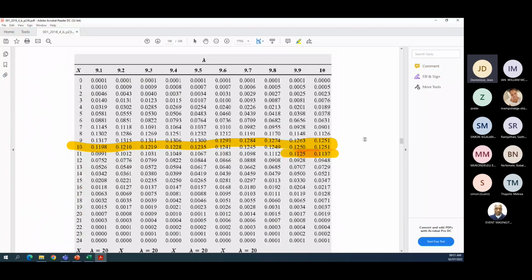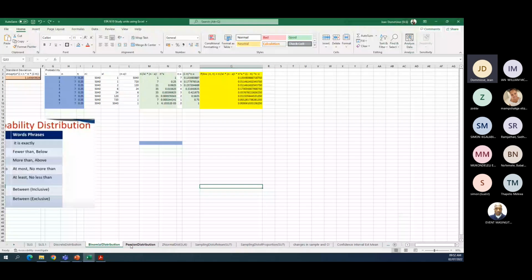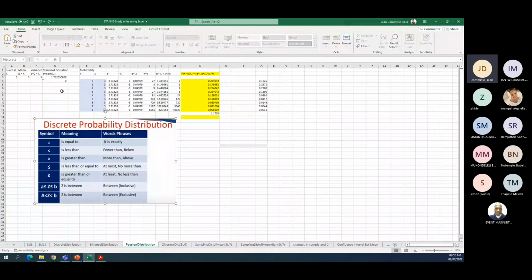I don't know really what it is, but let's see what's available in Excel as well. If you look at Excel, here we just put in the numbers to work out.